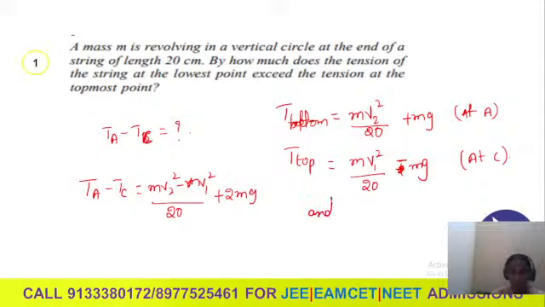And we know that velocity at the topmost point will be equal to velocity at the bottom square minus 2gh. Of course, h is like L cos theta. Now here, first we need to find what is that h.